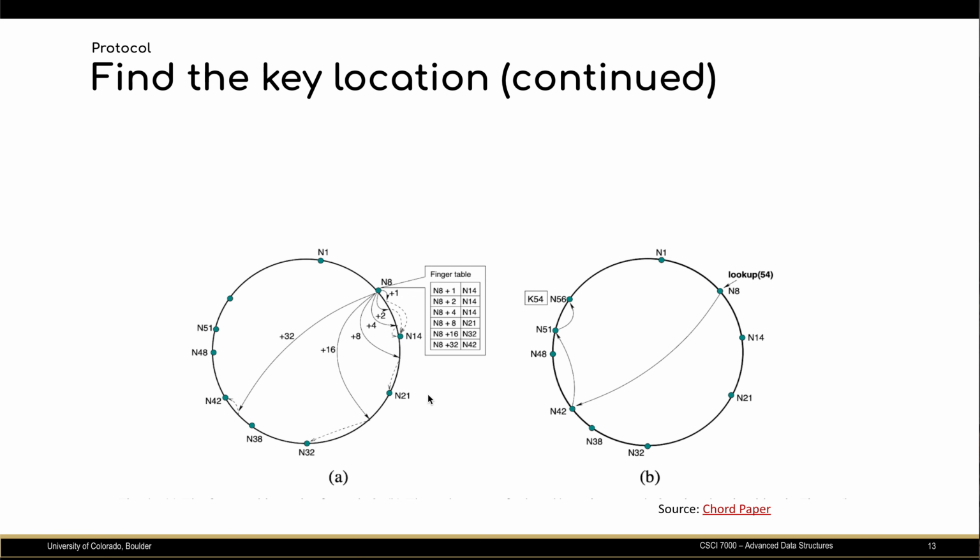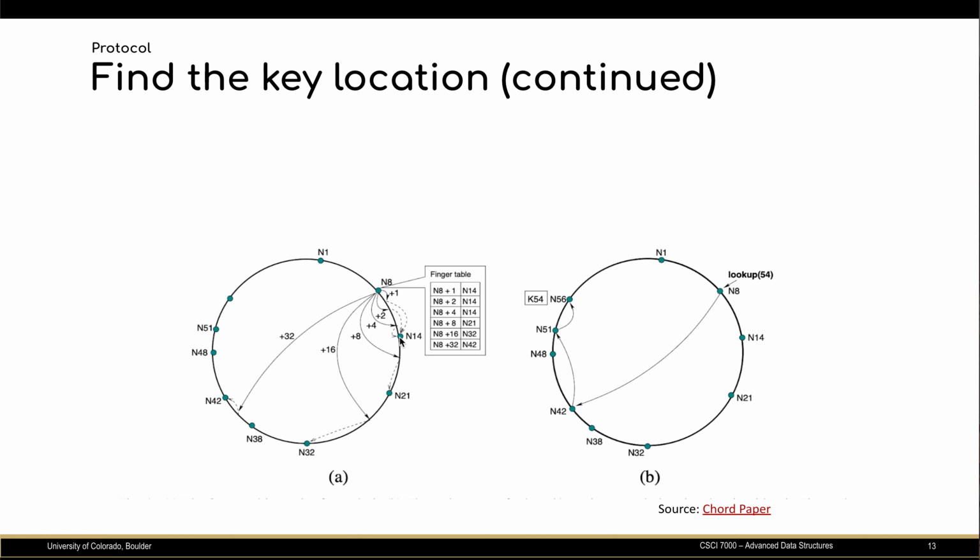So the structure of this finger table is such that the nodes which are closer to the key would have more information, right? If you're doing a lookup for a key which is closer to 8, node 14 would have that information.